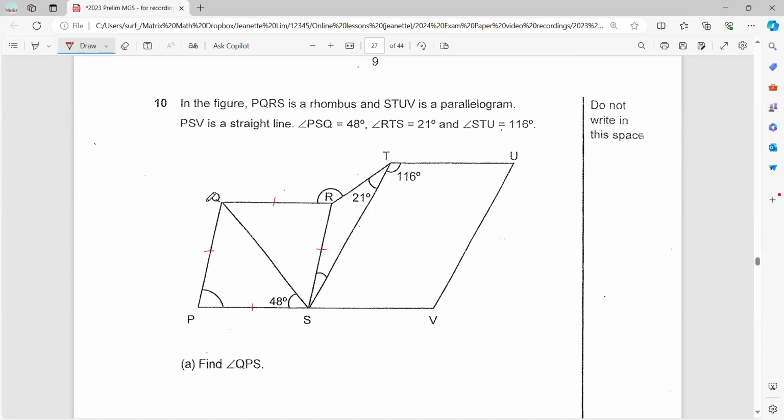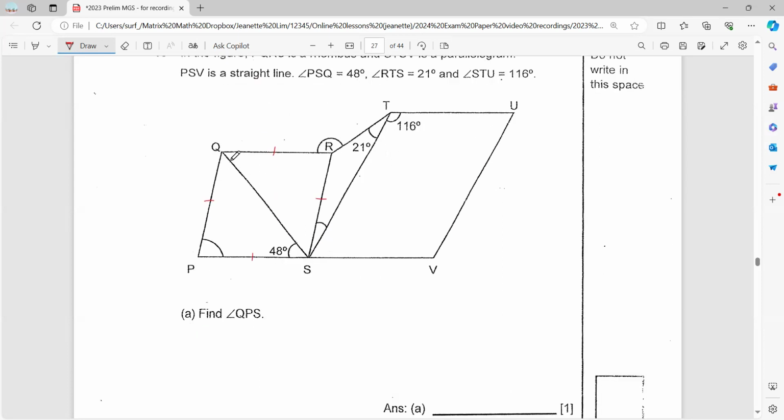Because it's a rhombus, all the sides are the same, we end up with an isosceles triangle, so this is also 48. So 180 minus 48 minus 48 is 84 degrees.